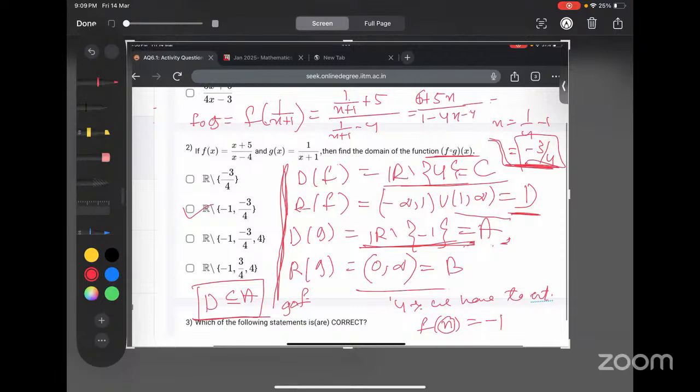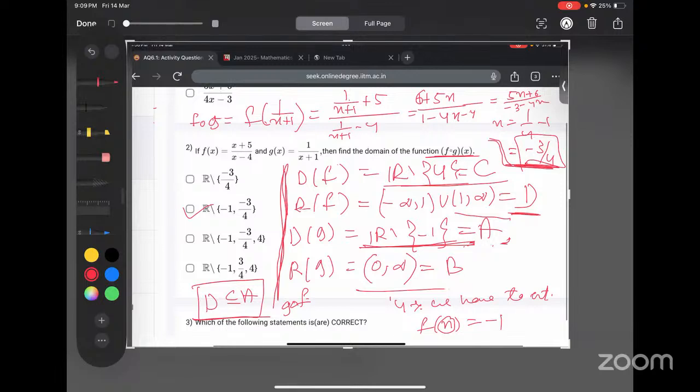So we will basically get 5x plus 6 by minus 3 minus 4x. Now what did you say? If we check through this formula, then we can exclude minus 3 by 4, but I'm not getting this minus 1 value.